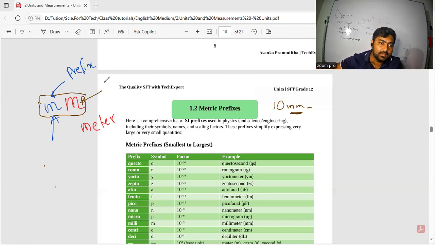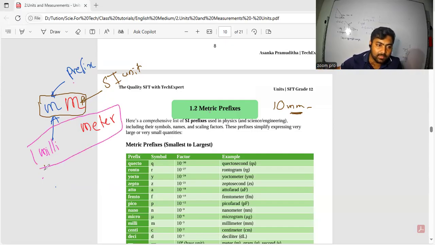So m is in the fundamental SI unit. Then this prefix comes from the metric prefix system, and this gives the meaning of milli. By combining these two, we can say millimeter. And think like this: kilogram. Kilo has a numerical value. So what is the numerical value for kilo?